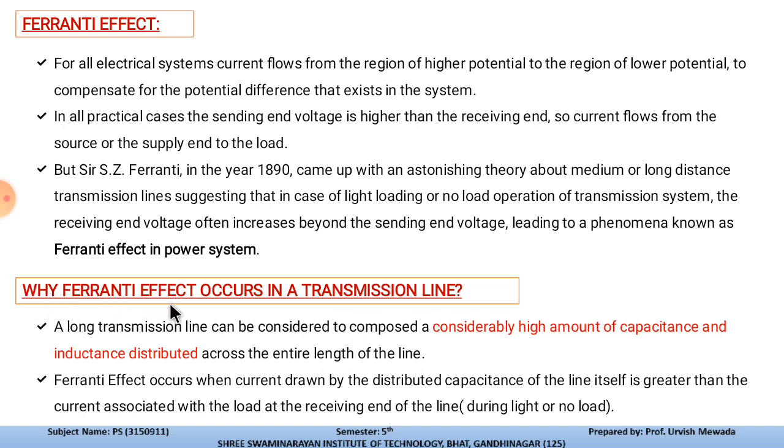Generally we discuss this topic in the long transmission system, where all the transmission parameters are equally distributed, so that the effect of the capacitance can be minimized. This statement is also saying that the amount of inductance and capacitance formed in the transmission system is distributed across the entire length of the line.